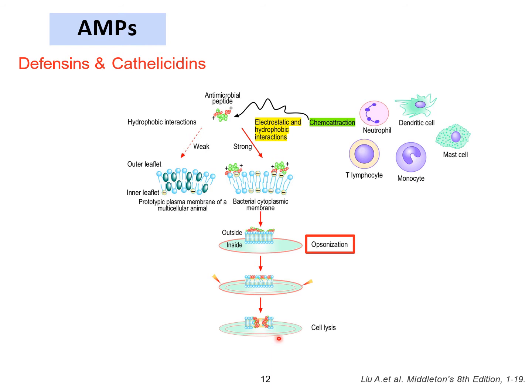So finally that will lead to cell lysis. You can see here the cell membrane of the pathogen is being disrupted, and also all these antigen presenting cells will be attracted by the antimicrobial peptides released.